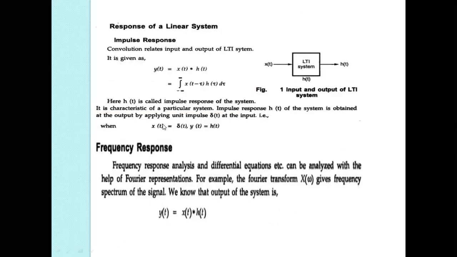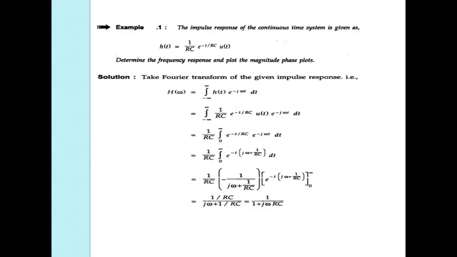Another topic is the responses of the linear system, impulse response h of t and frequency response H of f. And some examples. For example, I told you, a very important one will definitely come in the mid examination, my dear students, the first mid examination.